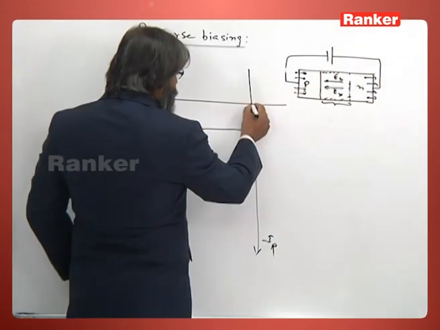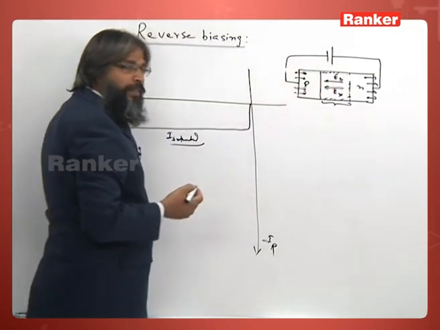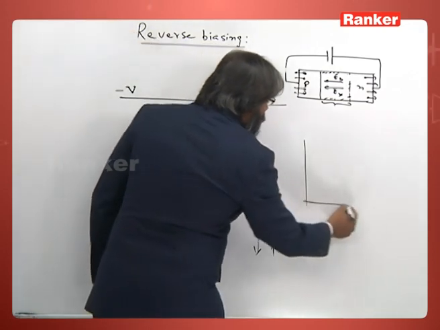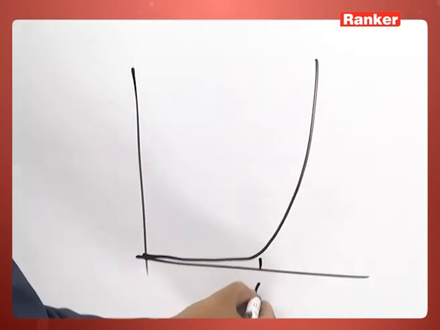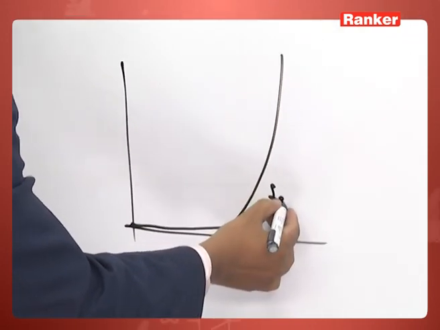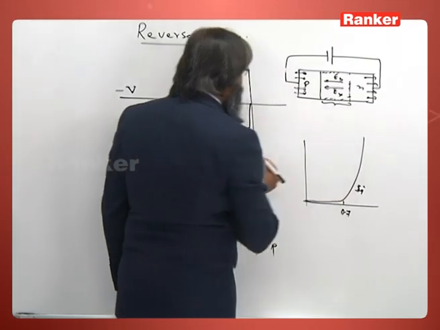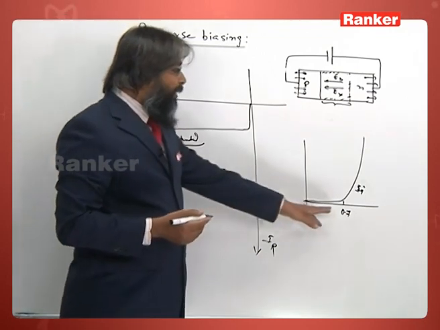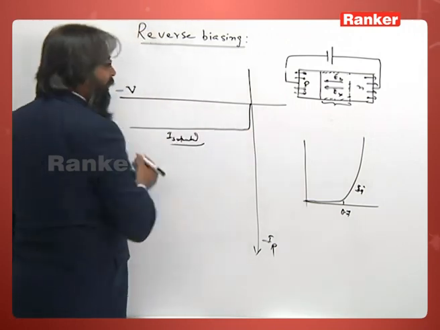So the current begins to flow even when a small reverse bias is there. Unlike in the previous case of forward bias, where unless it becomes 0.7 for silicon the current is very less, here the current begins to grow immediately, no need of 0.7, 0.2, 0.3 like that, and then it becomes saturated.